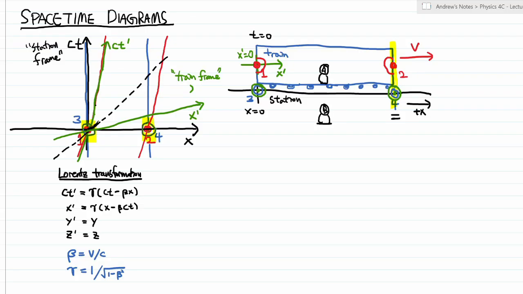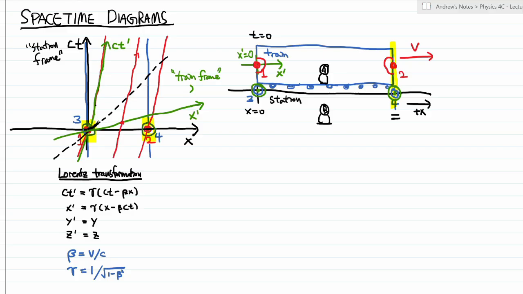Alice is at the midpoint of the train. Bob is at the midpoint of points number 3 and 4 on the train station. I can even draw the world lines of Alice and Bob. Alice would be at a midpoint of the train, somewhere here, traveling along a world line that's parallel to the front and the back of the train.